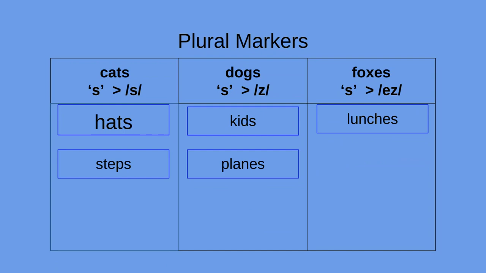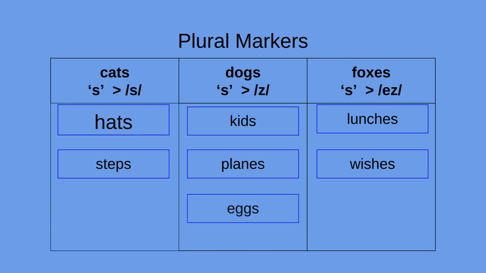You heard the ez, so it'll go into foxes. What about the word egg? If I have more than one egg, I have eggs. Where would that go? In the s, z, or ez? It would go in the z, like dogs.